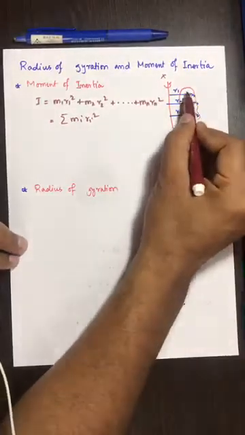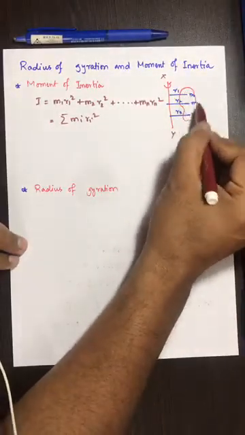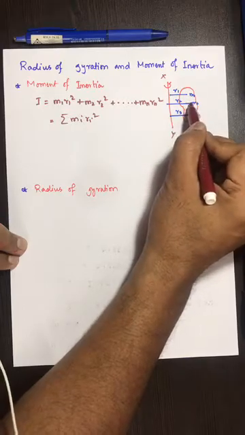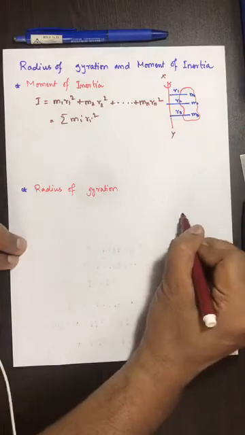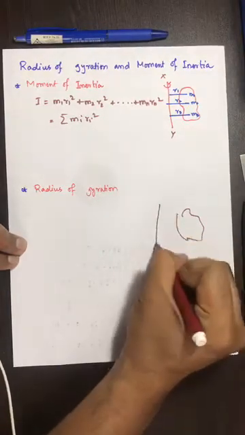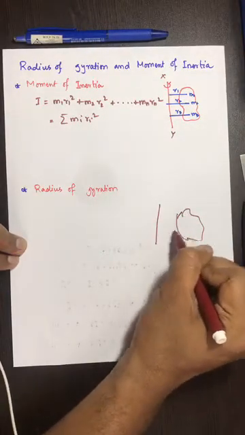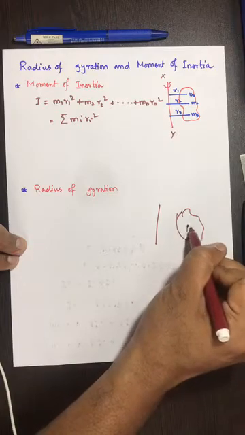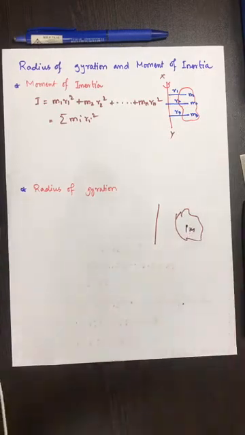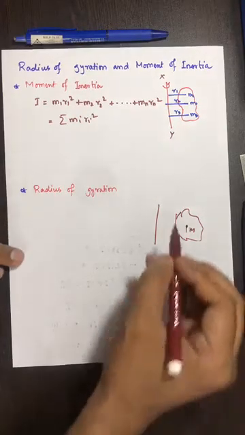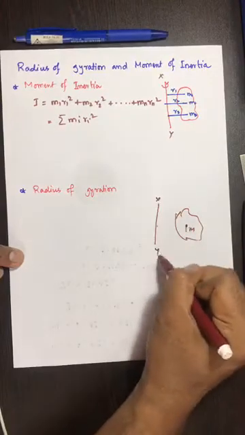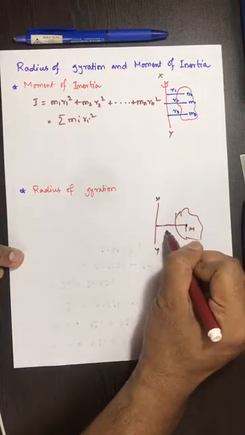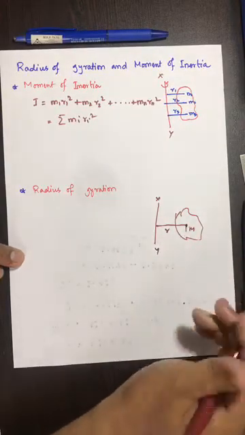When we talk about an object, there is a center of mass here. The object is moving and the center of mass is here, because all the mass is concentrated at a center, that is known as the center of mass. There is a distance from the axis, the x-y axis, and the distance of the center of mass is r.